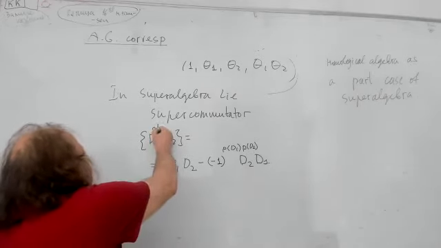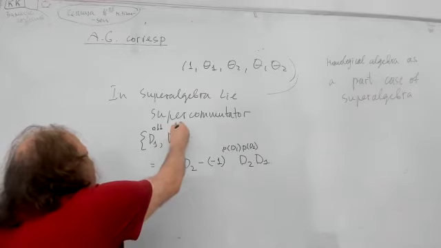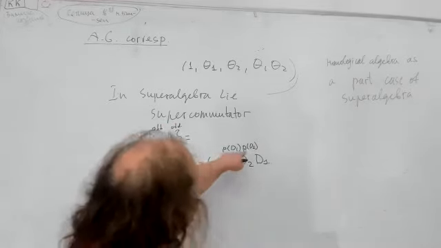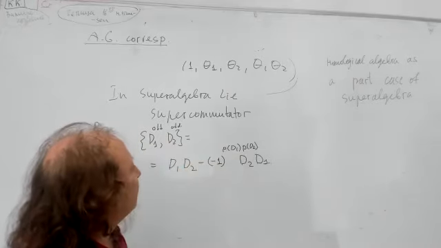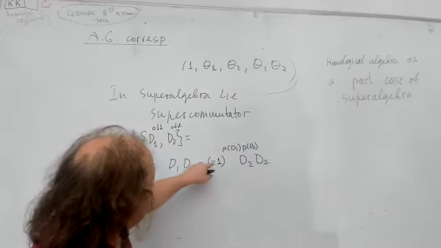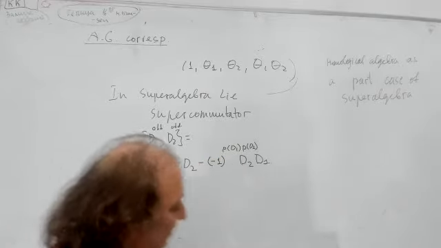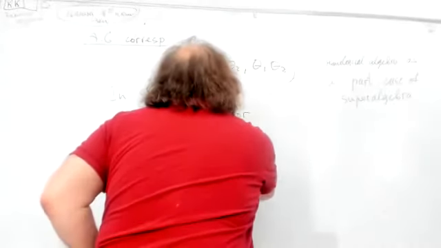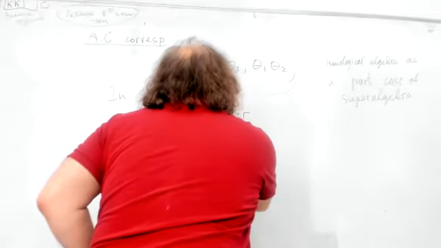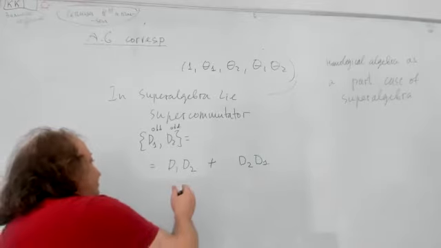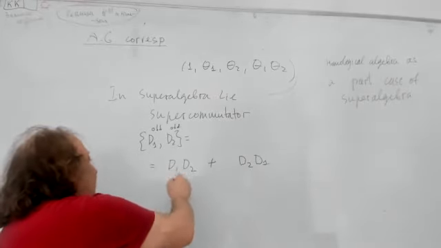Let me put here odd. Then the sign here is actually -1, minus is plus. And therefore, this is called anti-commutator.